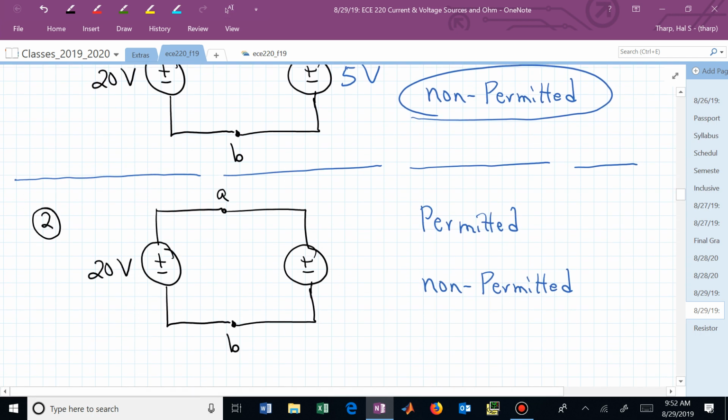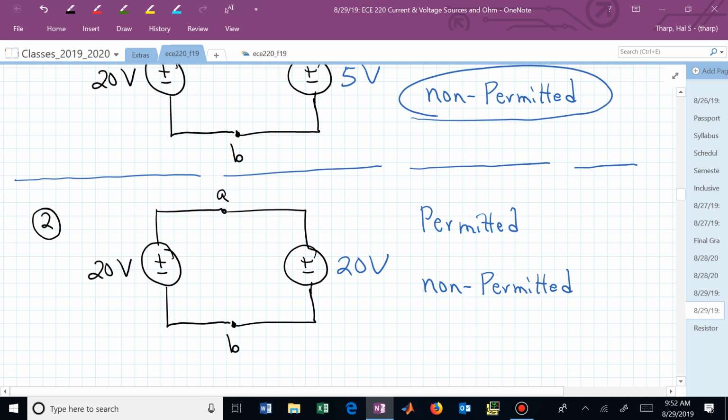Let's look at another one. Permitted or not? Is that permitted or not permitted? A 20 volt supply with a 20 volt supply connected from negative to positive in the same way.